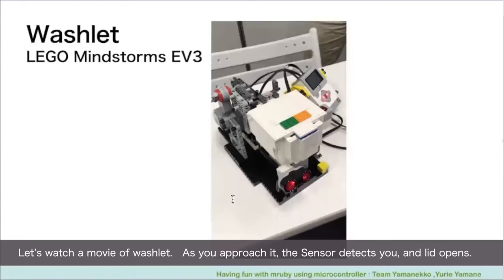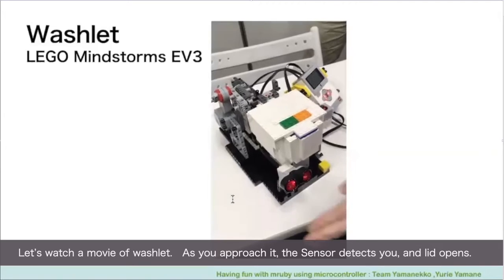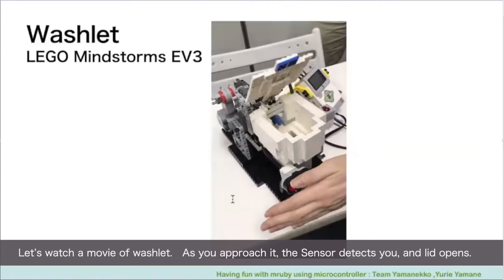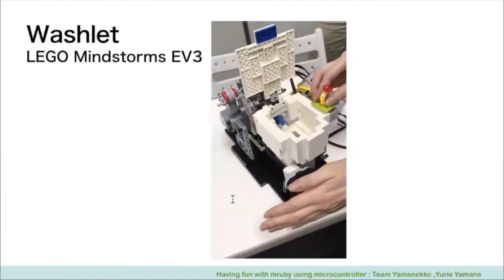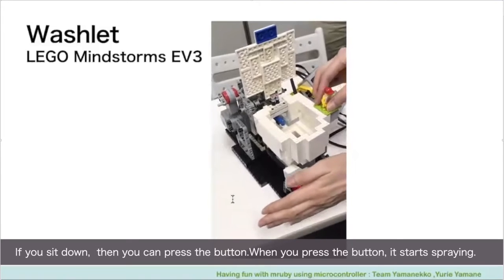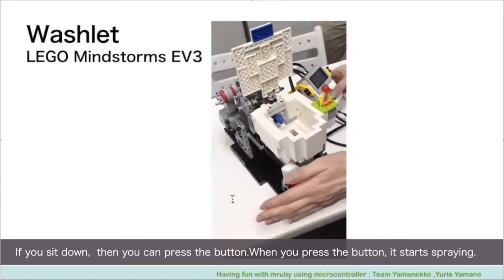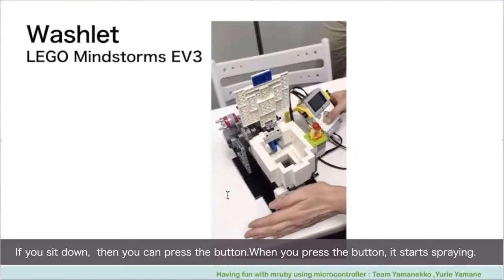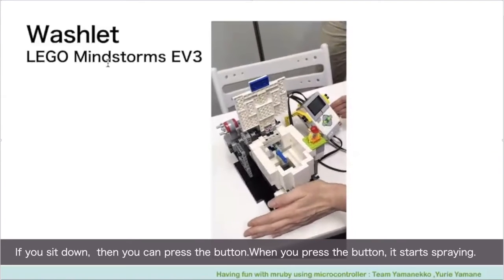Let's watch a movie of Washlet. As you approach it, the sensor detects you and the lid opens. If you sit down, then you can press the button. When you press the button, it starts spraying.